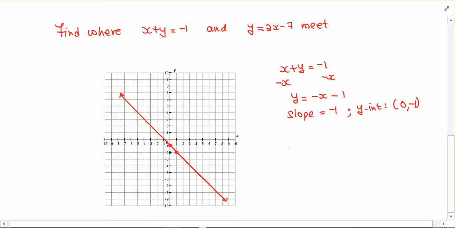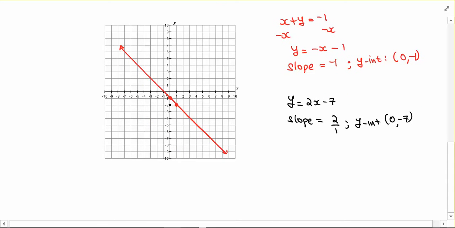So I'm going to do these in different colors. The second equation, of course, is y equals 2x minus 7. This is already in slope-intercept form. So the slope on this is 2 over 1, and the y-intercept is 0, negative 7. So again, starting at 0, 0, go down to 0, negative 7. This time I'm going to go up 2 over 1, up 2 over 1.